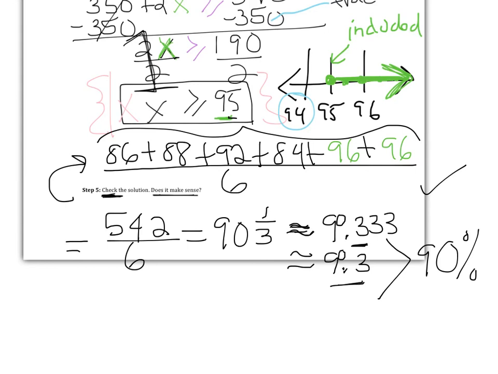If we pick anything in the color yellow, I don't know if you can see that yellow, but I'm circling a 94 or even 93. If you plug that in for the 96, you're actually going to get a false statement, which means it's not greater than 90. I have to go back and see if I made any errors.